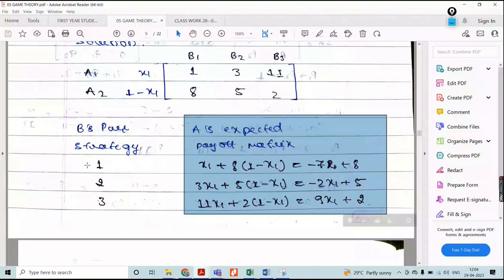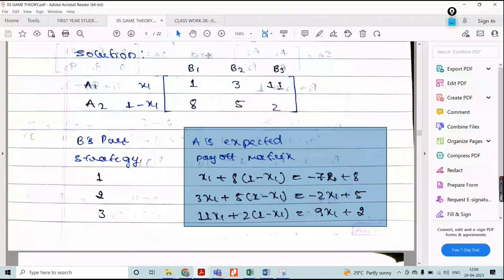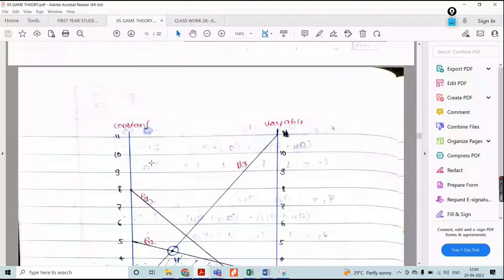Once you know this, then you have to draw the lines. Here, we are going to draw with respect to 1 and 8, 3 and 5, then 11 and 2. First one is 1 and 8.